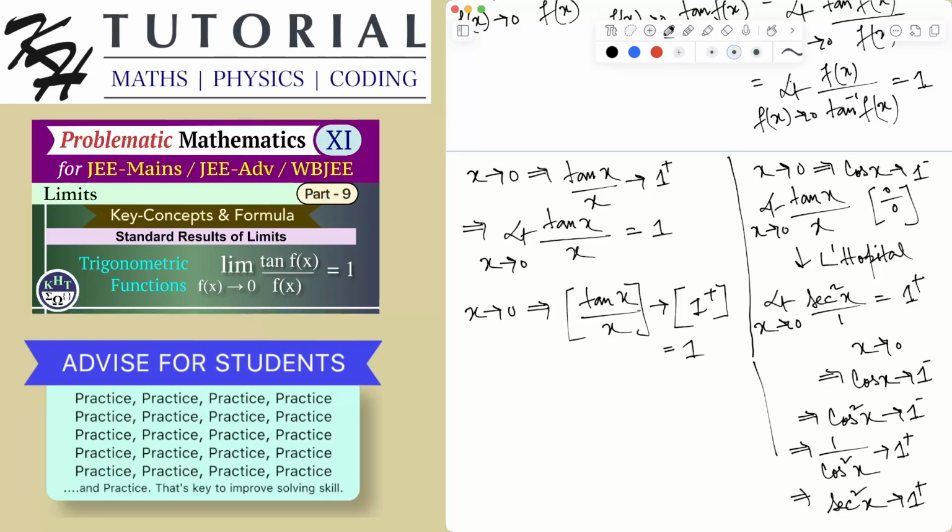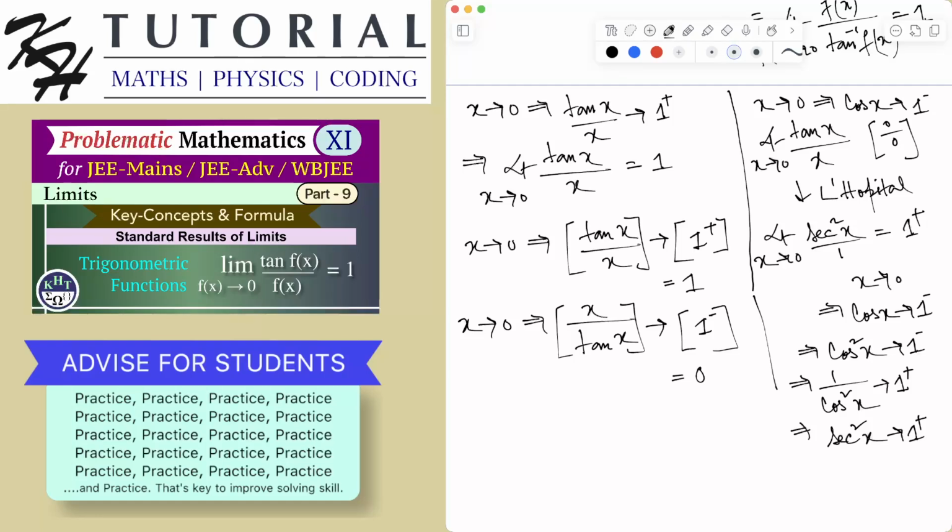But when x tending to 0, this implies box of x by tan x will tend to box of, now if when x tending to 0, tan x by x tends to 1 positive, then definitely x by tan x will tend to 1 negative, which is equal to box of 1 negative. 1 negative means a little less than 1, which is 0.